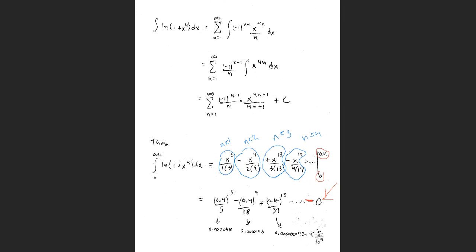What kind of series is this here? Alternating series. Okay, that's right, Renat. So that means we can make use of the alternating series estimation theorem. We can make use of it, right?